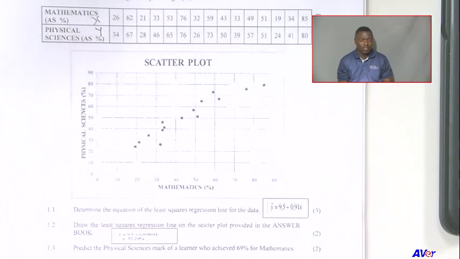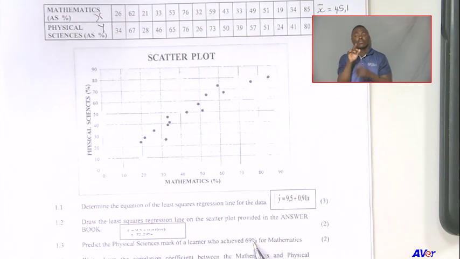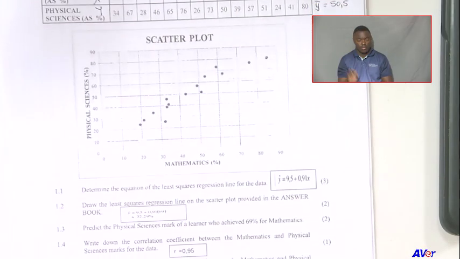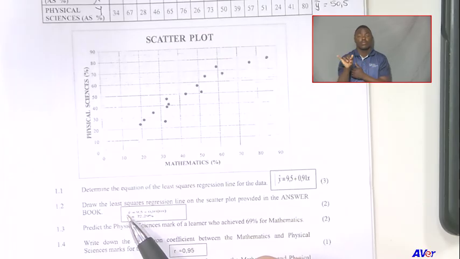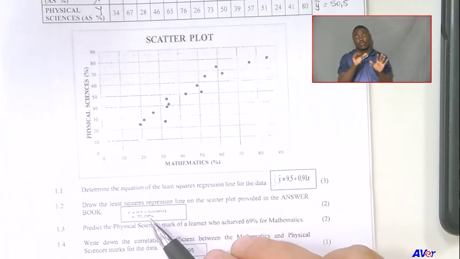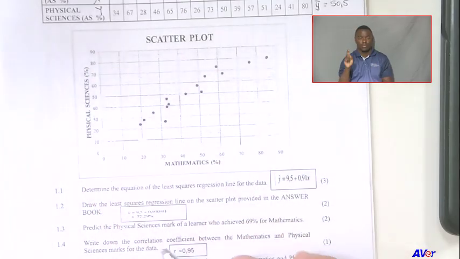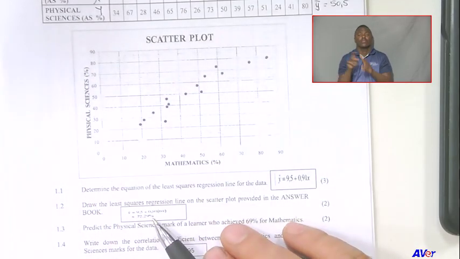Now you're going to substitute 69 in place of x in the least squares regression line. And you're going to get 72,29%. So predict the physical science mark. Y is a physical science mark. By substituting 69 into the least squares regression line, I get a y value, and y represents the physical science mark of 72,29%.